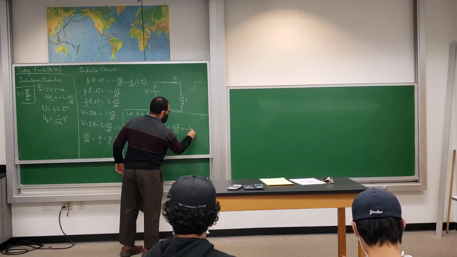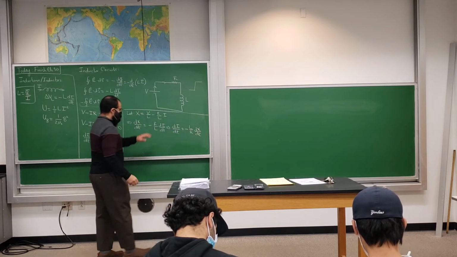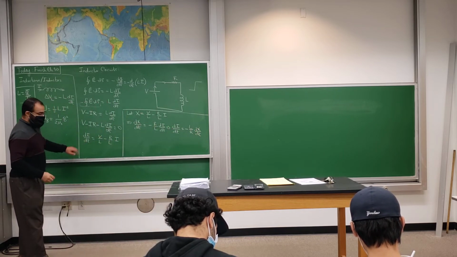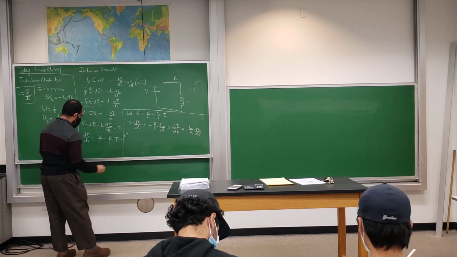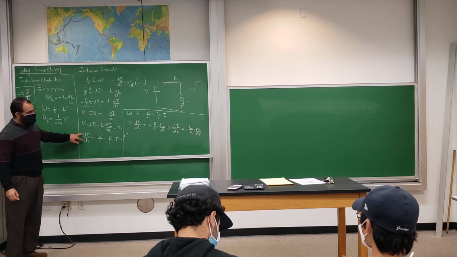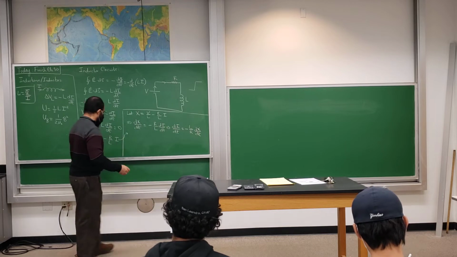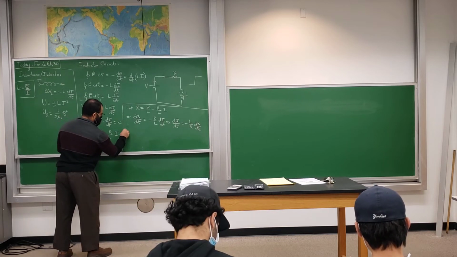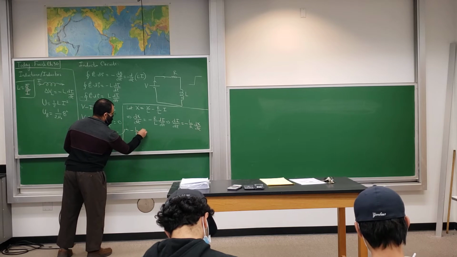Now substitute everything in this equation. So this equation therefore becomes: what is dI/dt now in terms of x? Minus L over R dx/dt.